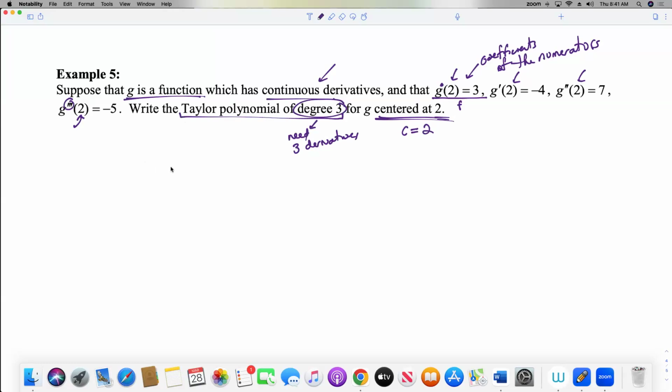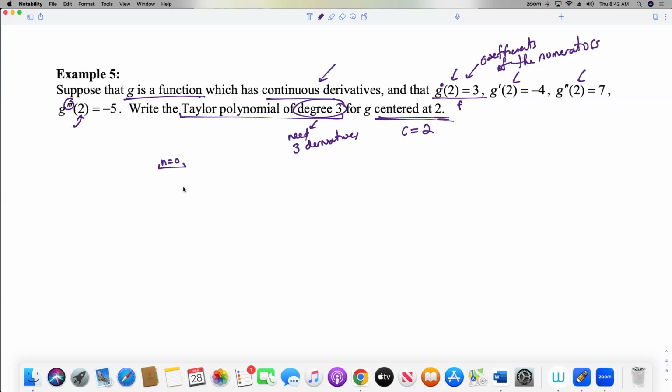Now remember that with the Taylor polynomial, I've been writing over 0 factorial and all of that. But remember that when n equals 0, it is just a coefficient.